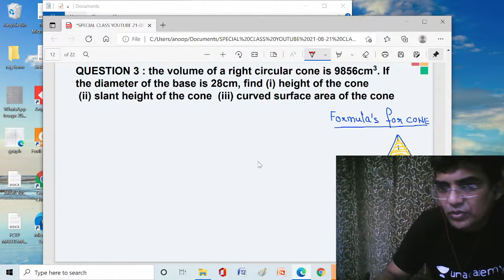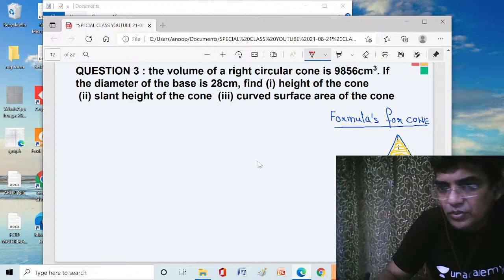If we talk about the dimensions, this length is called the slant height of the cone, which I can represent by L. This is known as the vertical height of the cone, which I can represent by capital H. And this is the base, and this is called the radius of the base, that can be represented by R.